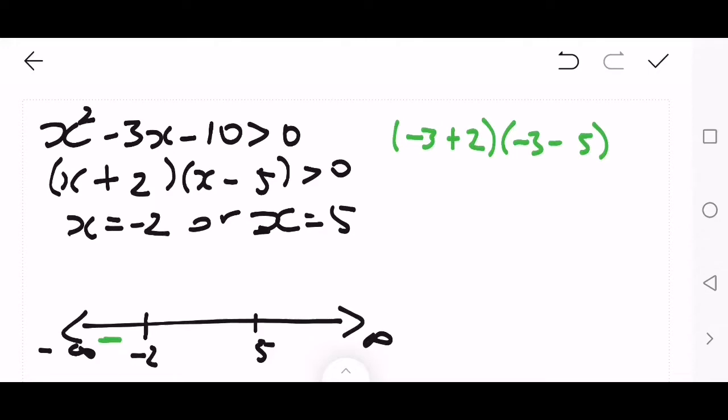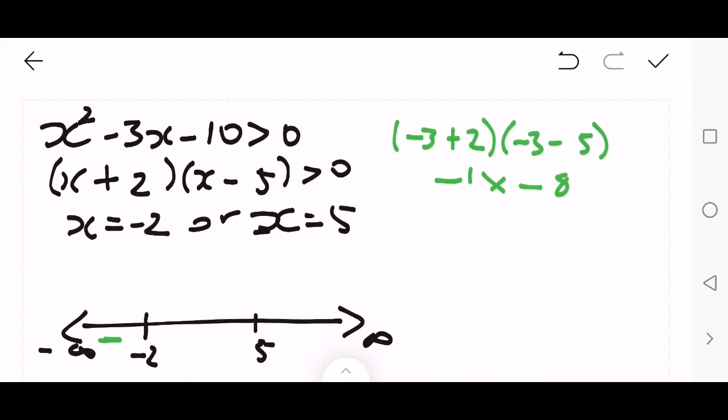If we get a positive number from this, then we'll just indicate that we get a positive number. So that is minus 3 plus 2, that is minus 1, times minus 3 minus 5, that will give us a negative 8.